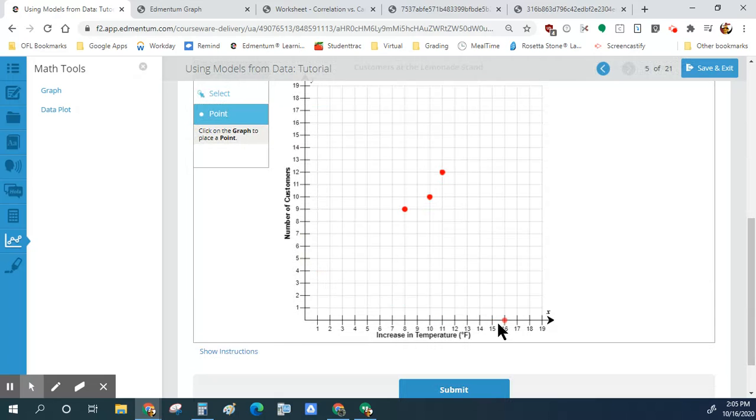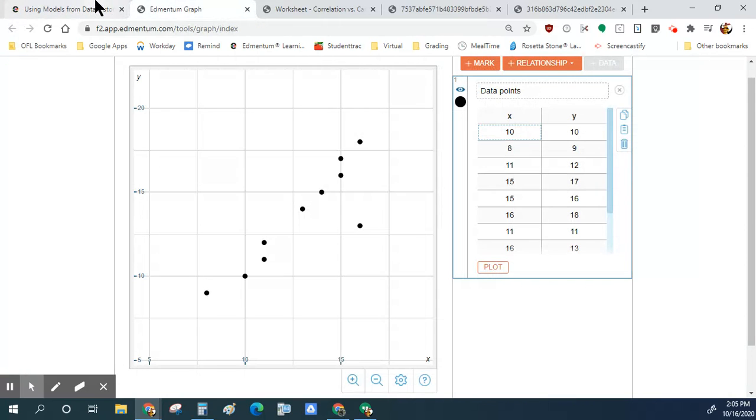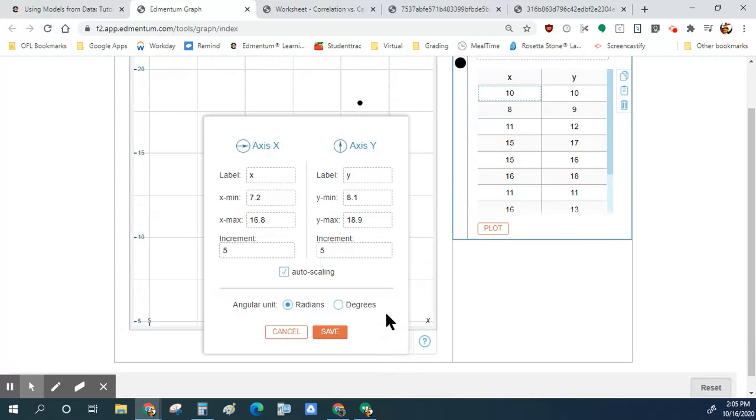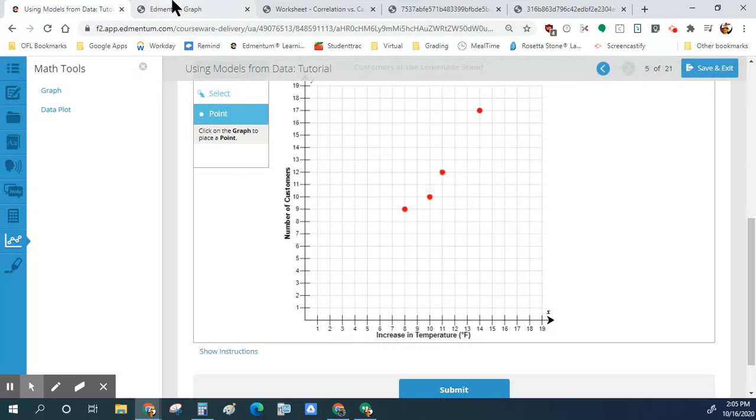15, 17, so 15, 17. If you really want, I guess you can always go back over here and see if there's an easy way to do it. I recommend putting the increments on 1, so increments is how much it's going to go by. And then we're going from 0 to 19.